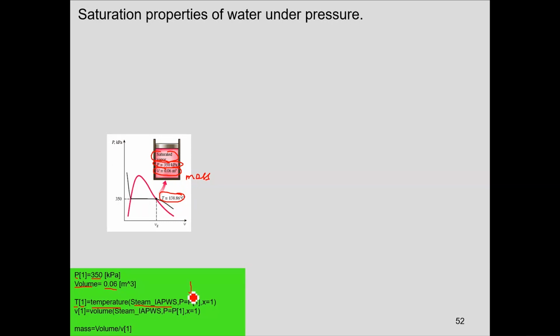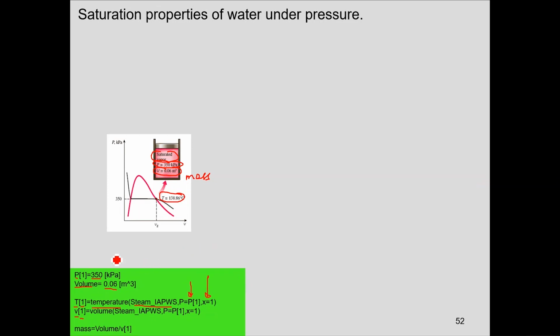The two properties given are the value of pressure stored in column P row 1, and x equals 1, since you're talking about saturated vapor.